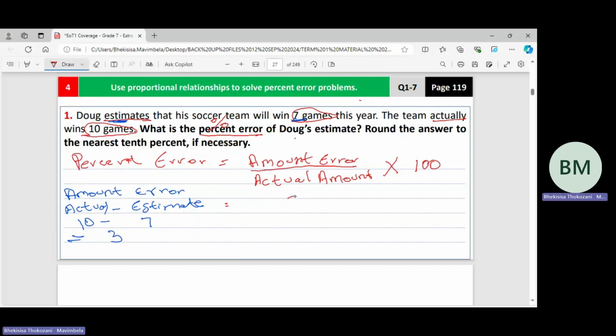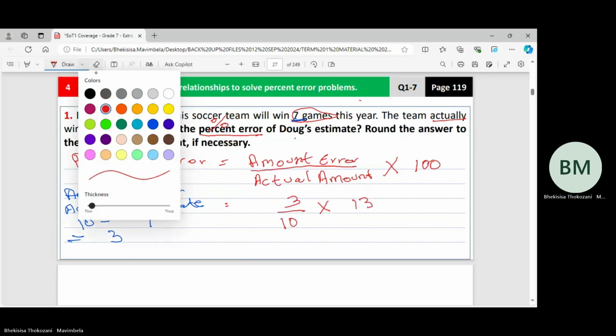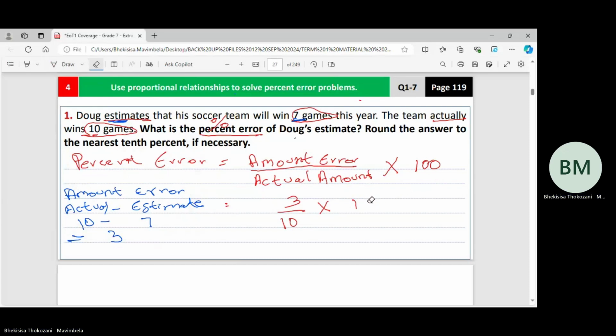So I'm going to say here 3 all over the actual amount. The actual amount, we know it's 10. This is the one here, 10. So all over 10, and you multiply everything by 100. This is my 100.